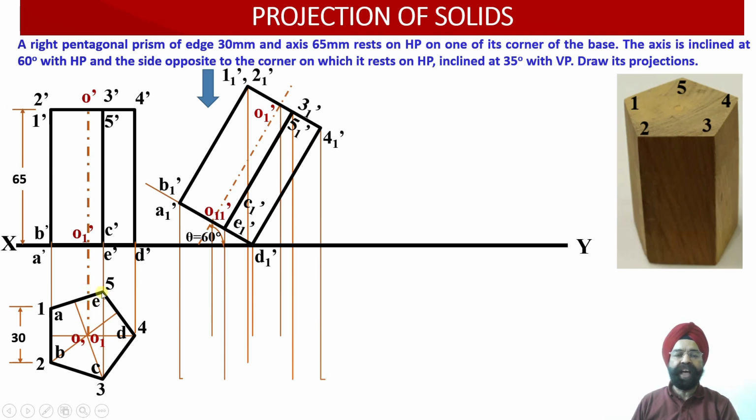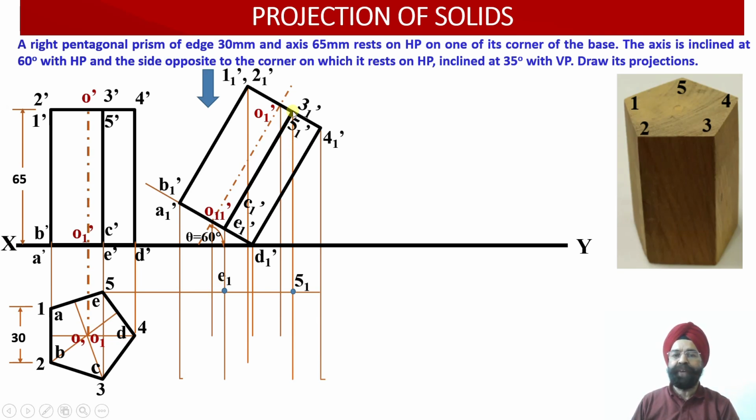So let us proceed now. First of all, we are having the points E and 5. So the first point which is encountered is E 5. Now from E and 5, we have drawn a horizontal projector line. Wherever this horizontal projector line is intersected by vertical projector lines drawn from E1 dash and 5 1 dash, that is, this is the vertical projector from E1 dash, this point of intersection will provide us with the location of E1.